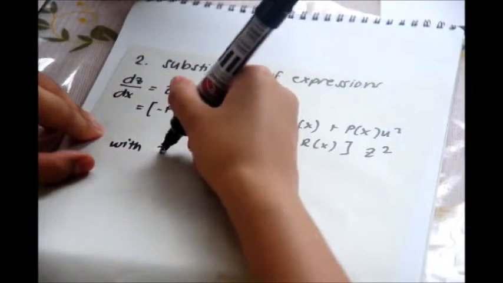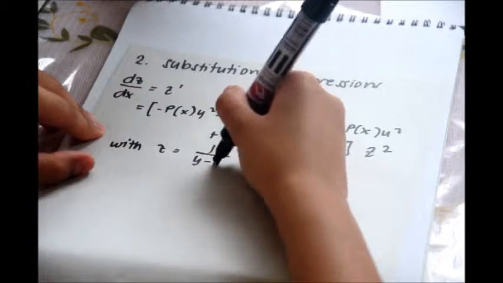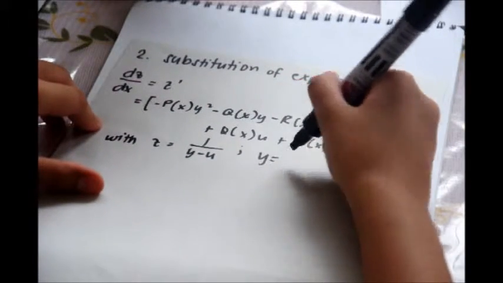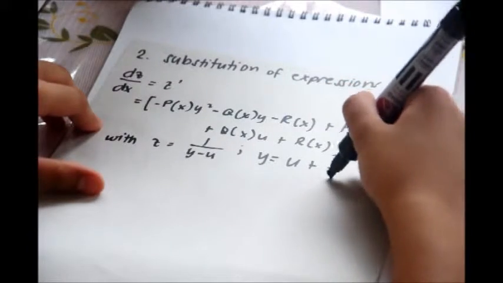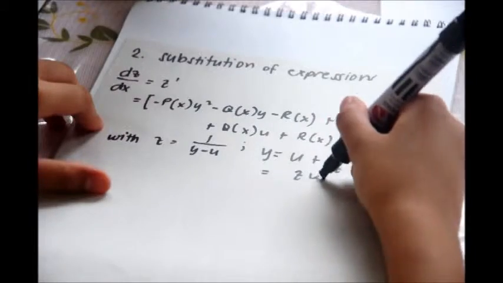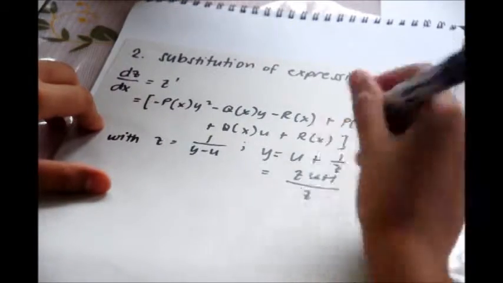With z is equal to 1 over y minus u, or that is y is equal to u plus 1 over z.